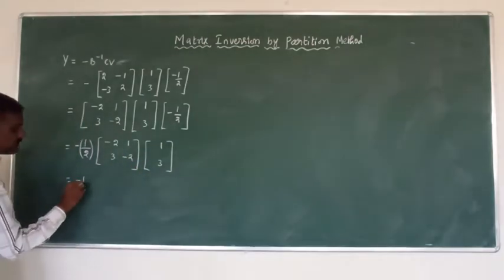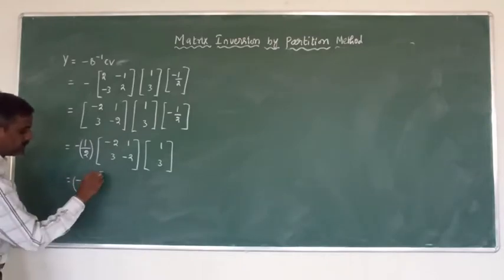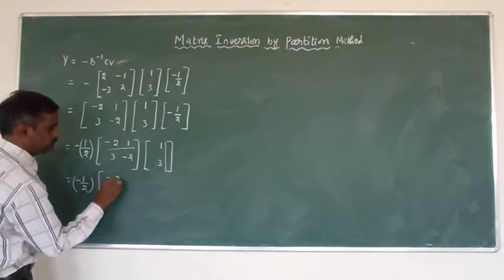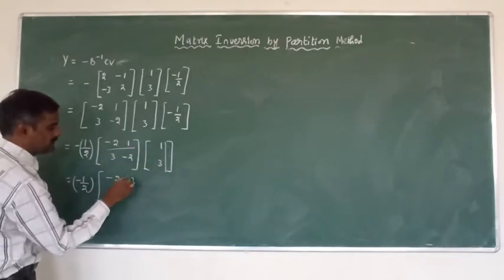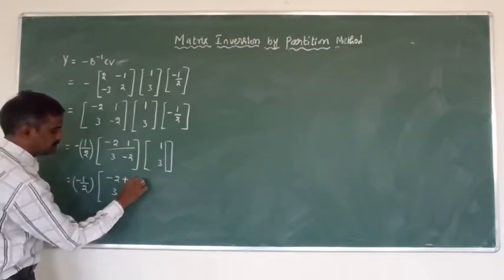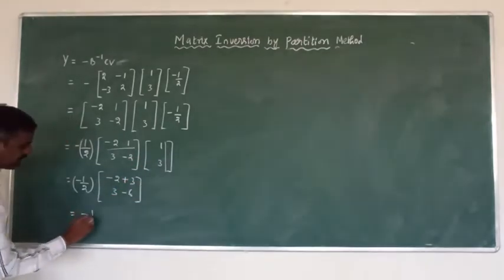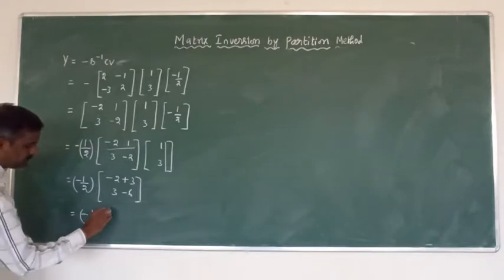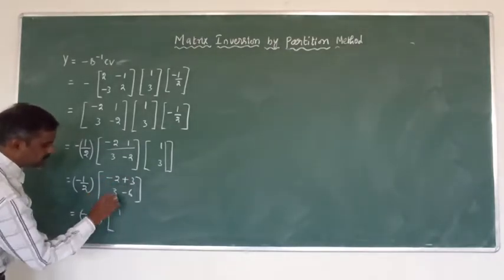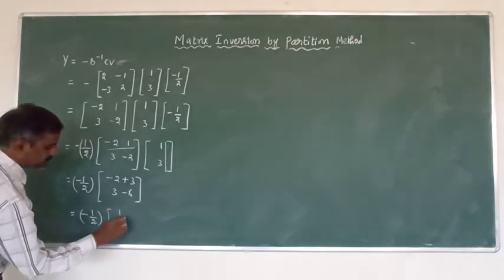Here minus 1 divided by 2, row 1, column 1, this is for minus 2, this is for plus 3, and this is for 3, and this is for minus 6. You can simplify this one, minus 1 divided by 2, and this is for 3, minus 2 plus 3, 1, and this is for minus 3.